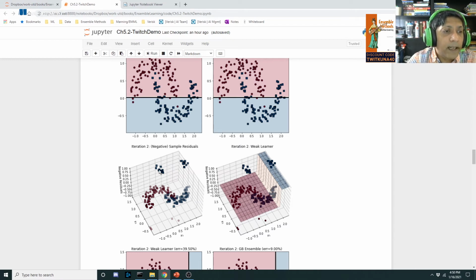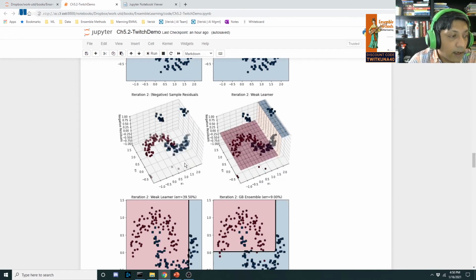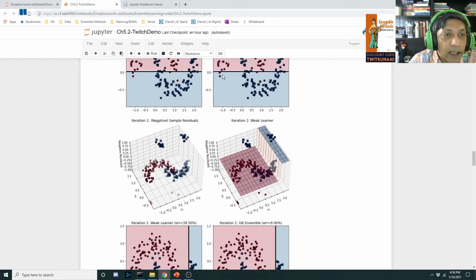These few training examples over here essentially correspond to these points, and they have very high residuals because they're misclassified. And then we have this clump over here, which also has high residuals, and similarly, these misclassified points that we have over here have high residuals, but with negative signs on them. So the magnitude of the residuals for the misclassified points is the highest.